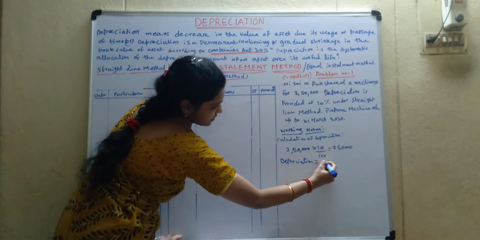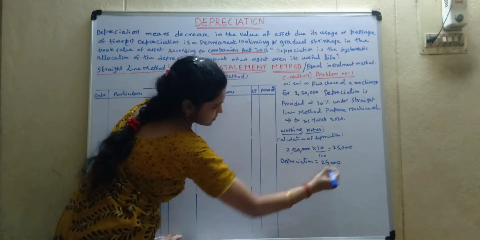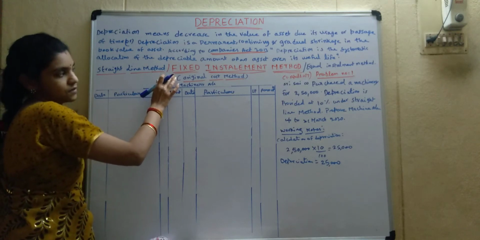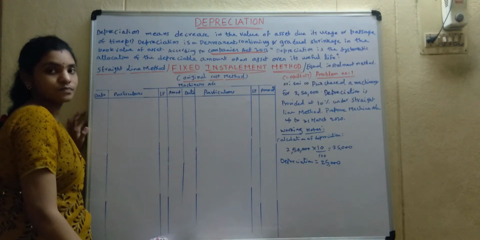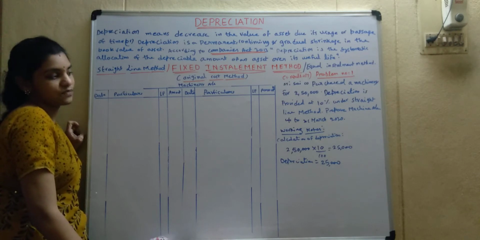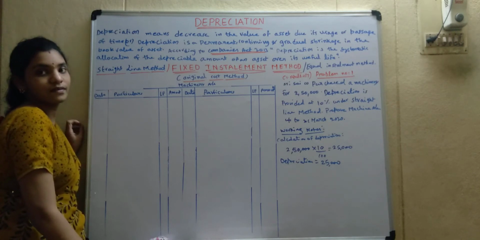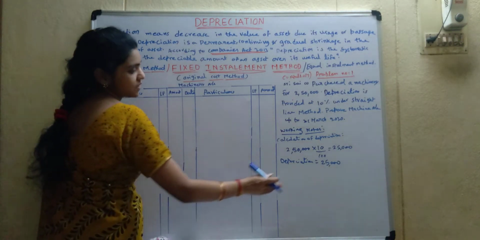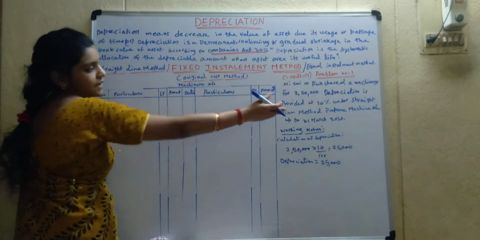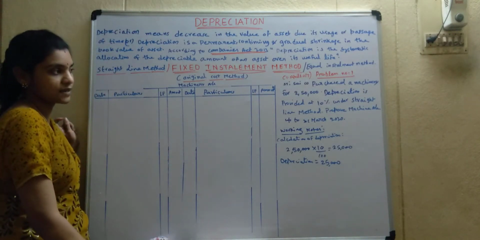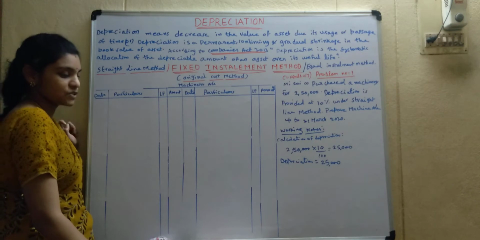As we said from the beginning, depreciation is fixed in this method. So we charge depreciation of 25,000 till March 2020. There is no need to calculate depreciation again. Shall we start?